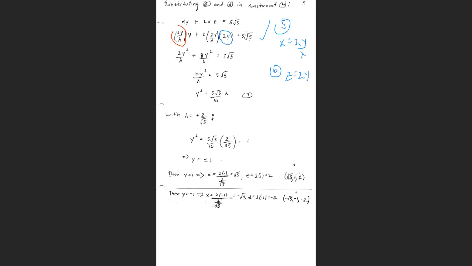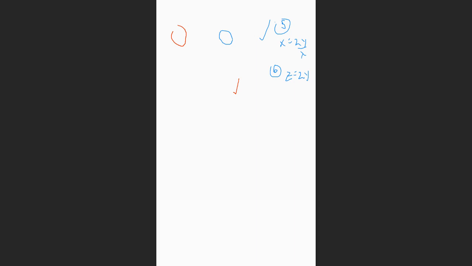I go through the math here, and I end up getting that y squared equals 5 root 5 divided by 10 times lambda. But that's okay, because I know the possibilities for lambda. One of the possibilities is that lambda equals 2 over the square root of 5.